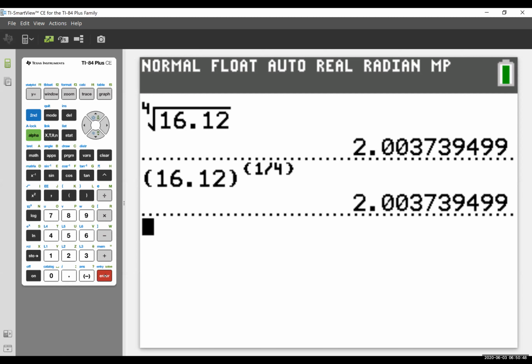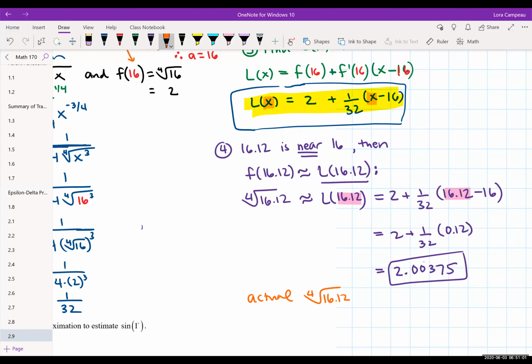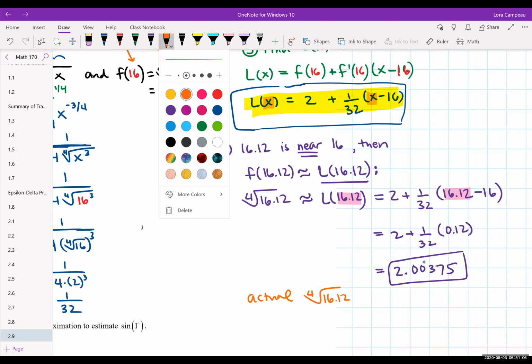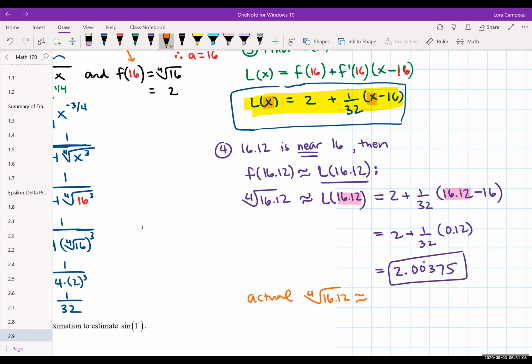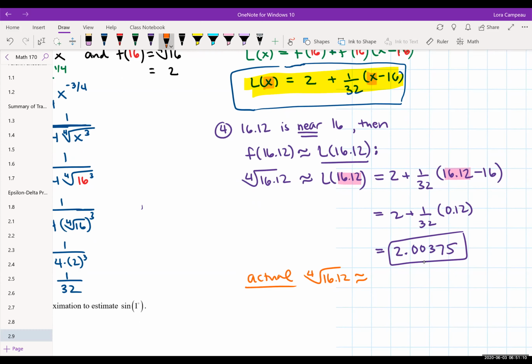So let's compare back. I have a short memory, so I have to go back and check. Is this close? Look at our screen again. And yes, just so that we know the actual value of the fourth root of 16.12 using our TI, I'll write everything down so we see it. 2.003739499.